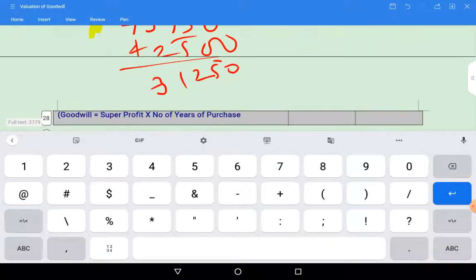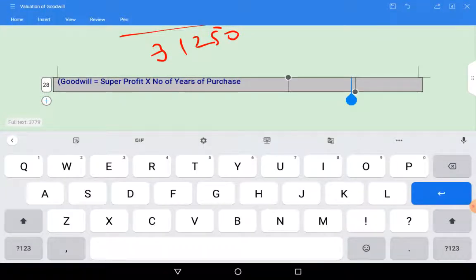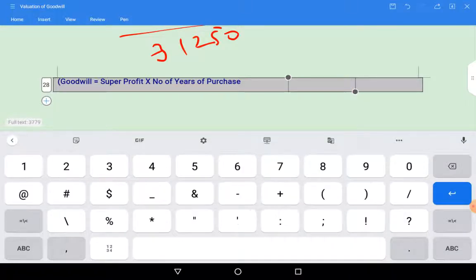Goodwill is equal to the super profit into number of years of purchase, that is 31,250 into 5.